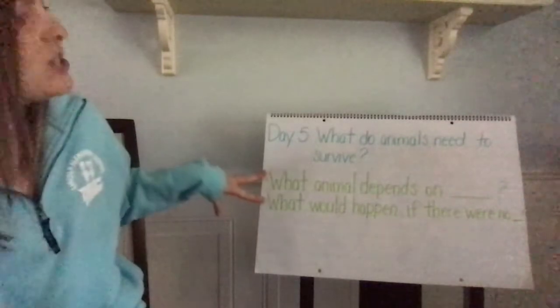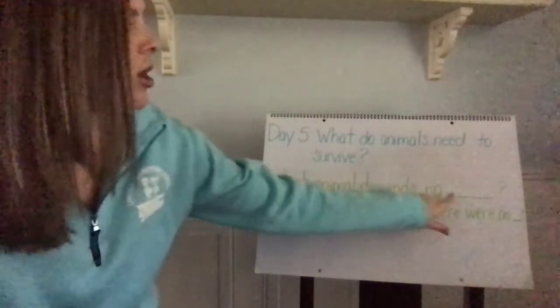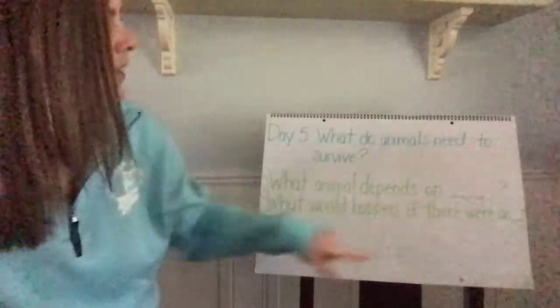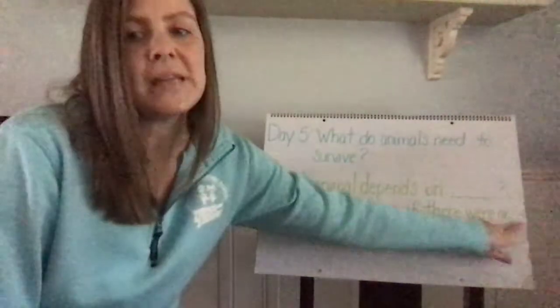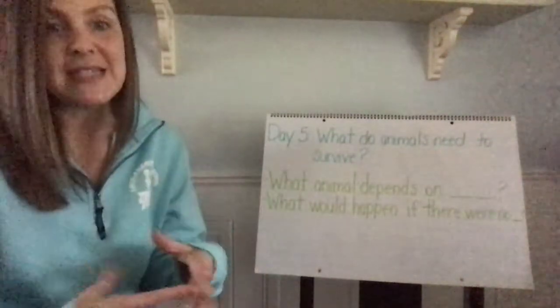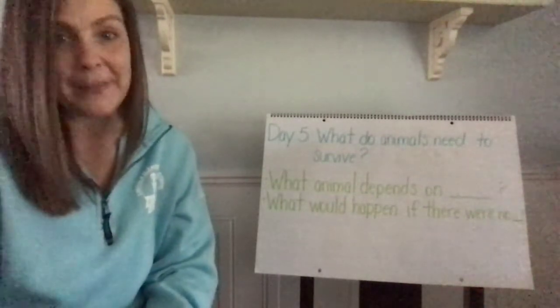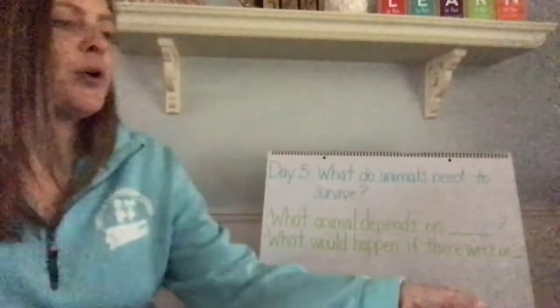So the 2 questions you can ask yourself throughout reading are, what animal depends on blank? So you can fill in different things that you see in the book here. And what would happen if there were no blank? So if something was missing in this whole order of things, what do you think might happen? So let's get started with our book.